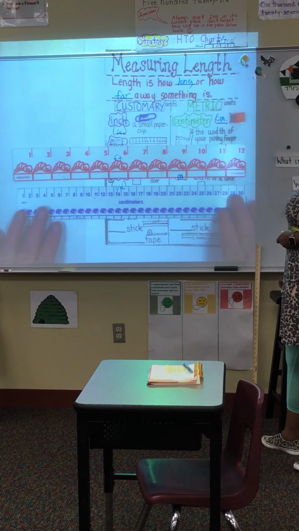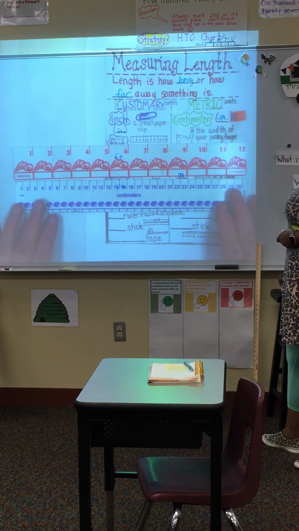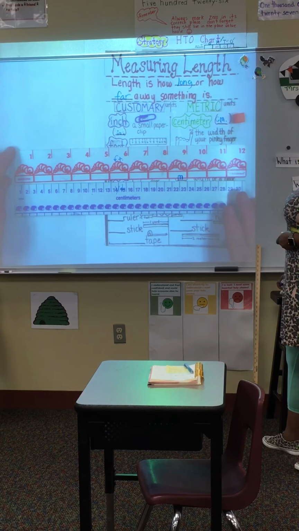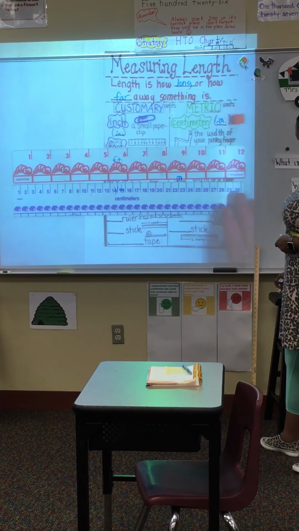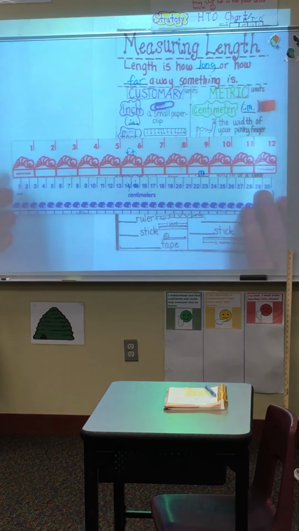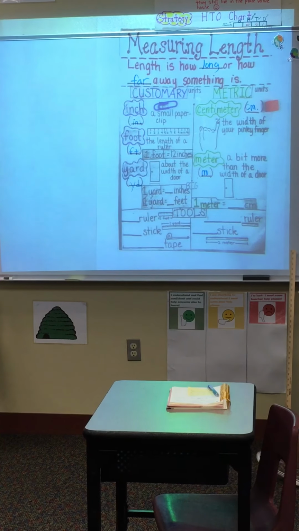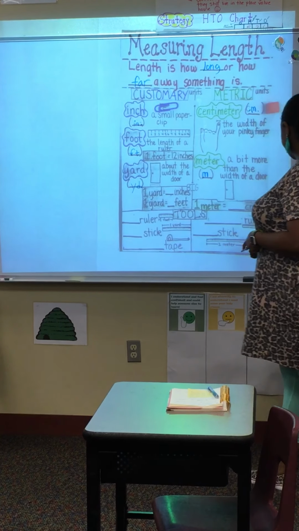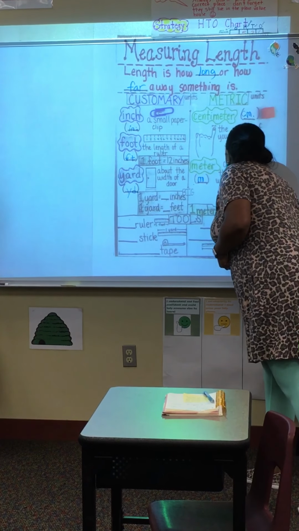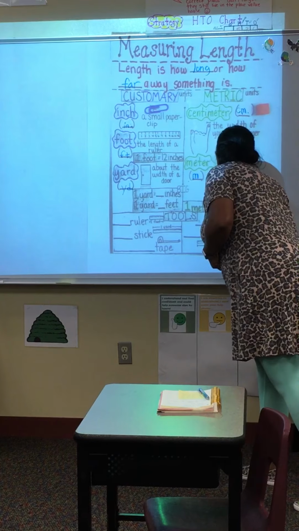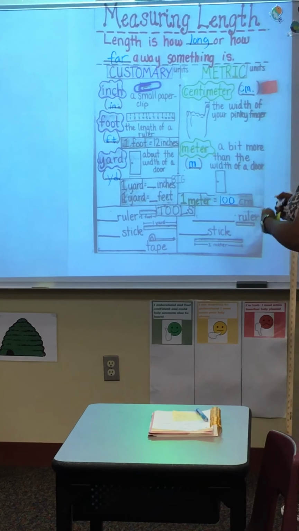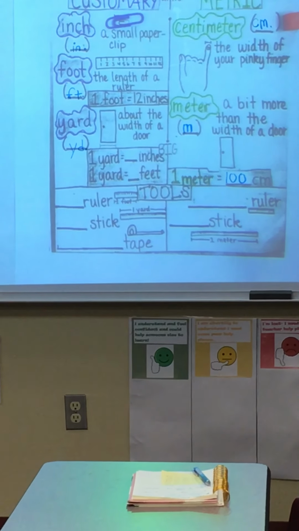There's the difference. That shows us that centimeters are a smaller unit. A meter is equal to 100 centimeters. Wow. 100 centimeters.